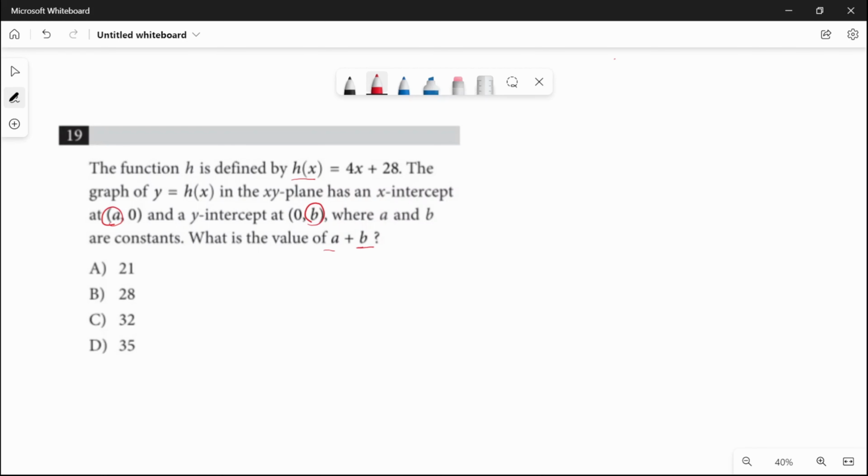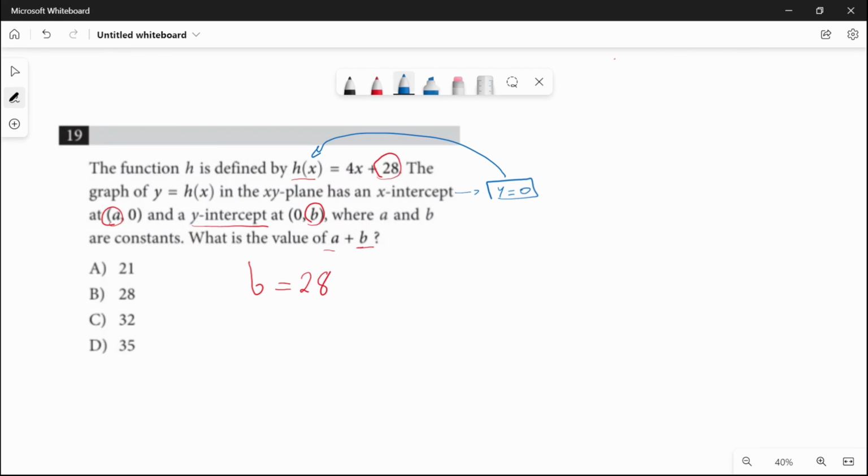Let's start with the value of the y-intercept because it's pretty direct. It's written right in front of us, which is 28. So we know that the value of b is equal to 28. Now the next step is finding the value of a, or the x-intercept. We know that at the x-intercept, the value of y is equal to 0. So what we are going to do is plug the value of y into this equation and then solve for x.